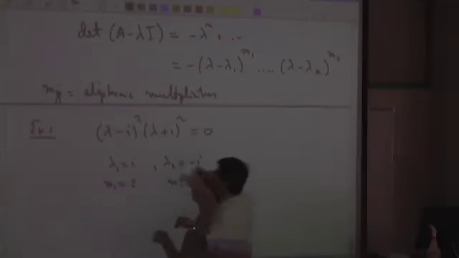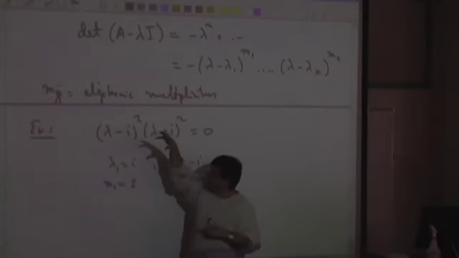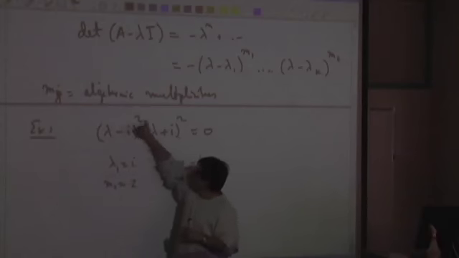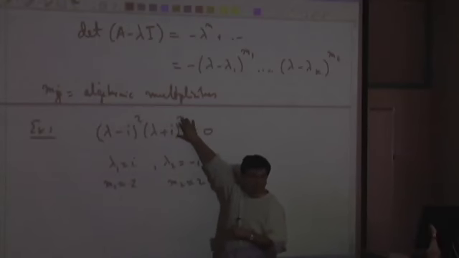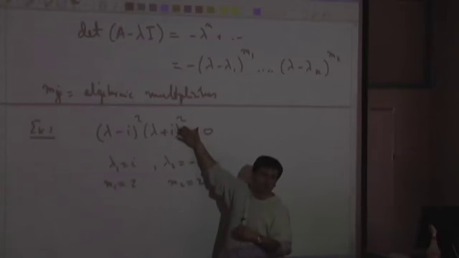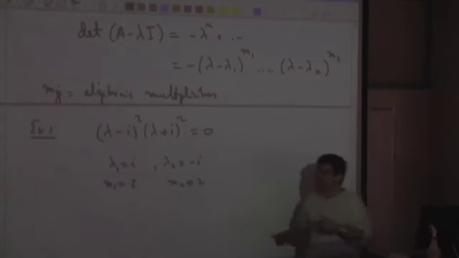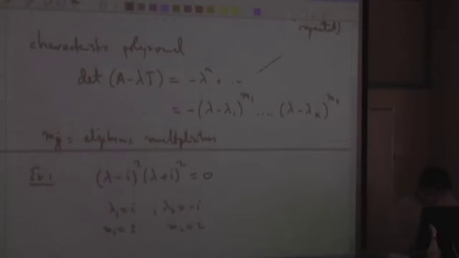Of course, I'm talking about matrices that have real entries, right? So since the matrix has real entries, you cannot have an isolated extra factor of lambda plus i, right? Because the characteristic polynomial has real coefficients, right?